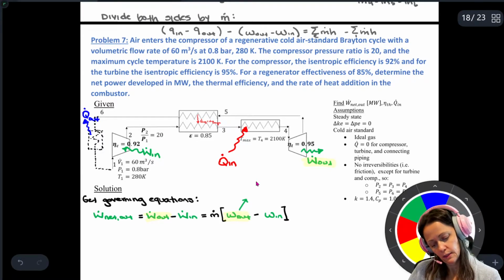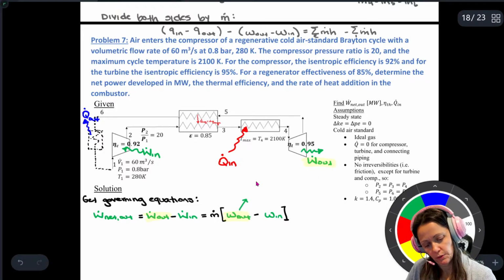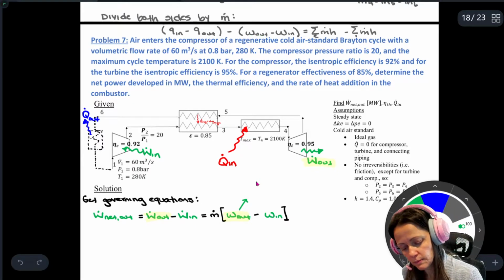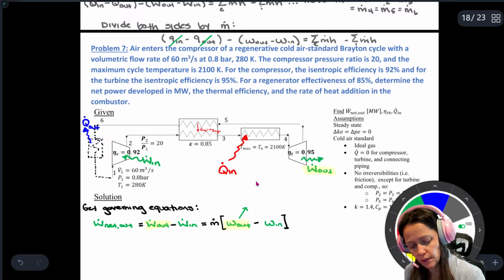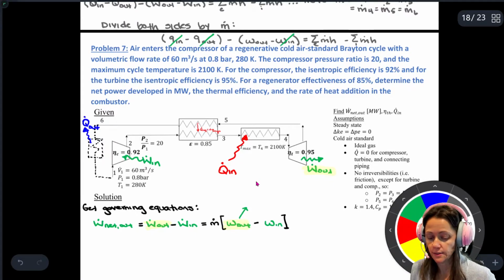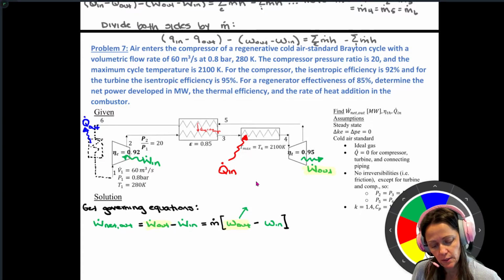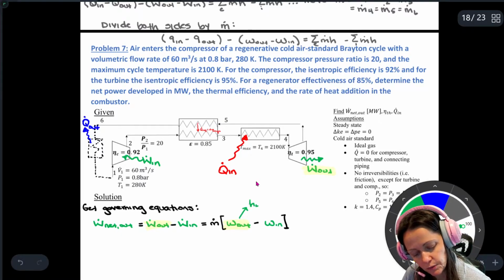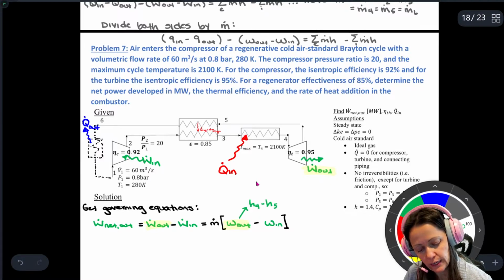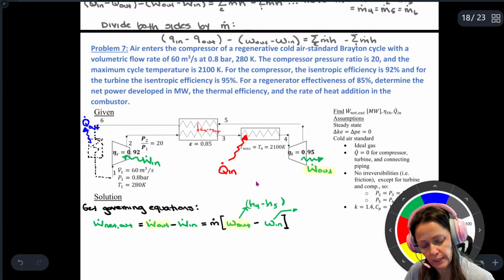If I looked at my first law over here, that work out. Well, I don't have any q in or q out or work in. It's a work out process. And so you can see the negative there. It's going to be the inlet minus the outlet. So it'll be h4 minus h5. And of course, we could put this in terms of cp delta T, and we're going to do that in just a second.